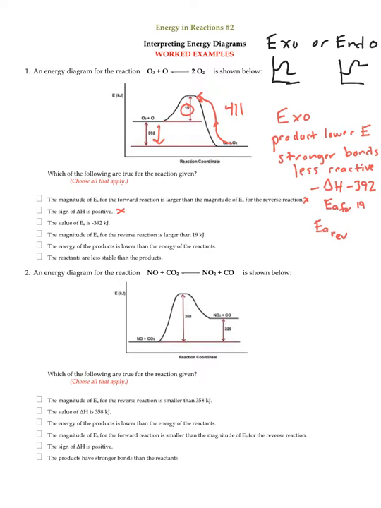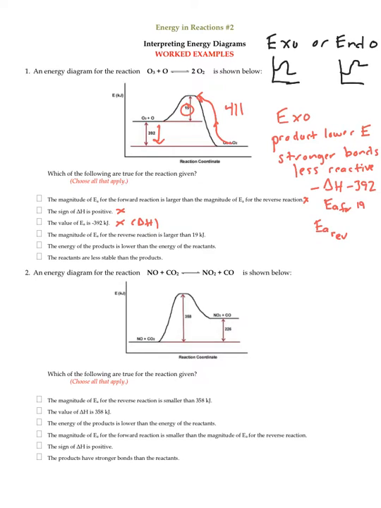The value of the activation energy is negative 392. Again, that is the delta H value. Make sure you understand delta H is products minus reactants. Activation energy is transition state minus reactants. The magnitude for the reverse reaction's activation energy is larger than 19.